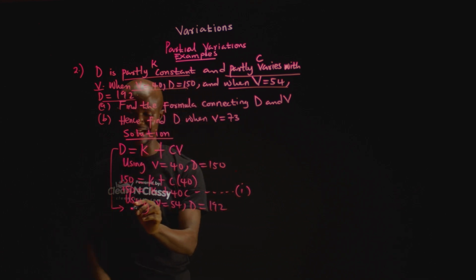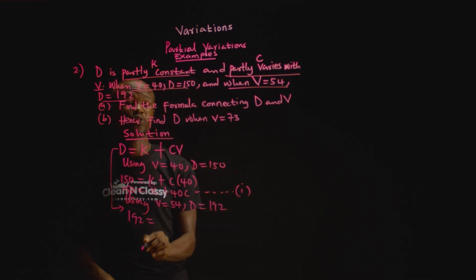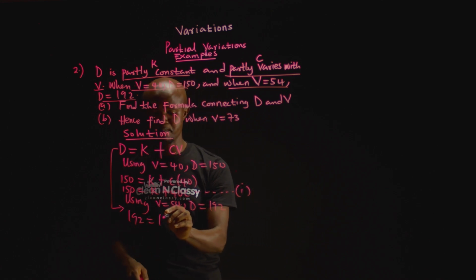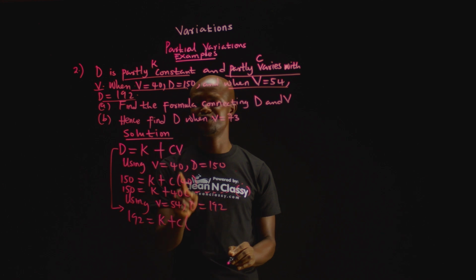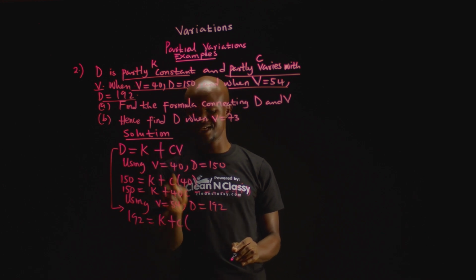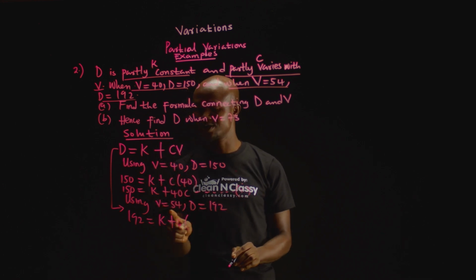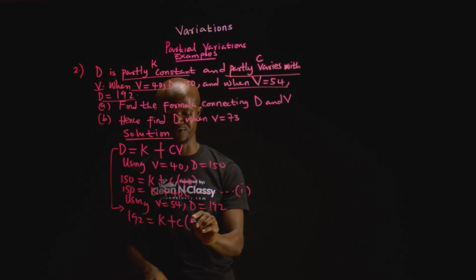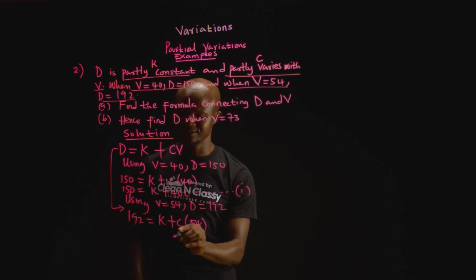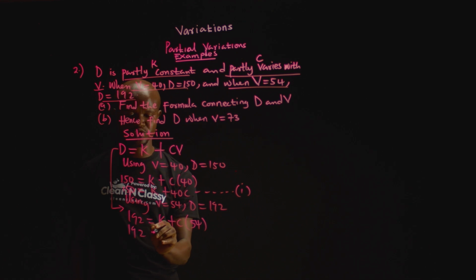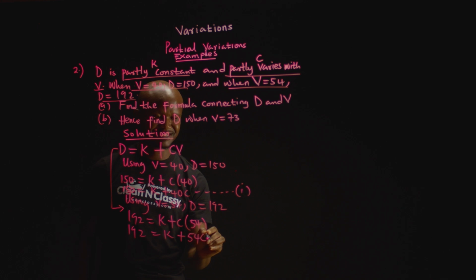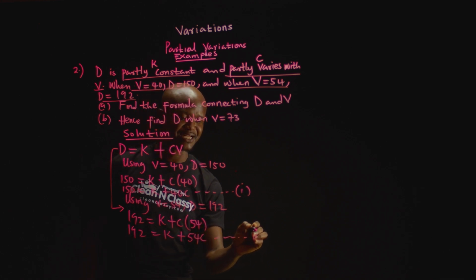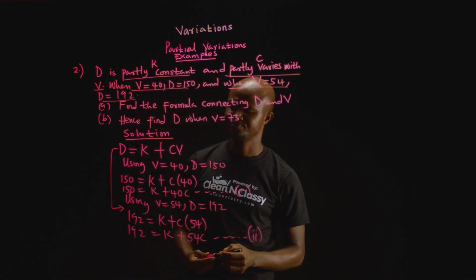D at the left hand side will be 192 equals K plus C times V. V is 54. Then 192 will be equal to K plus 54C. This represents the second equation.